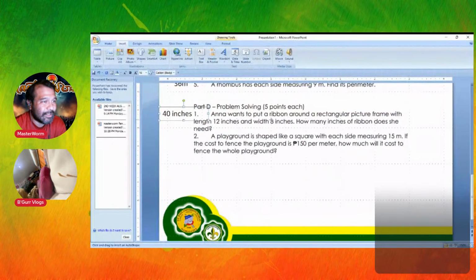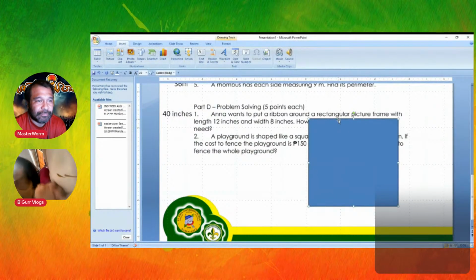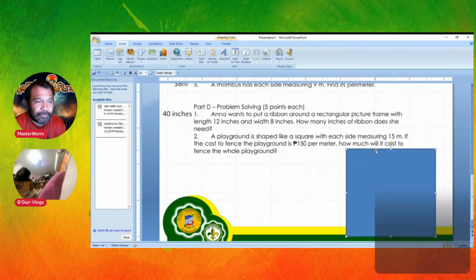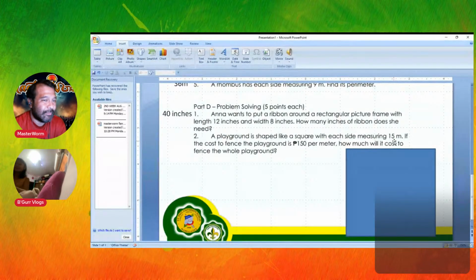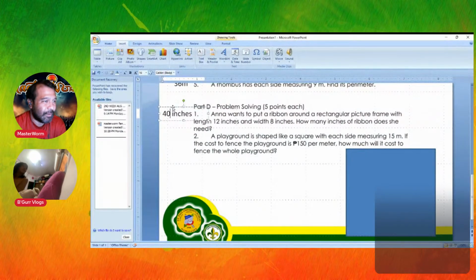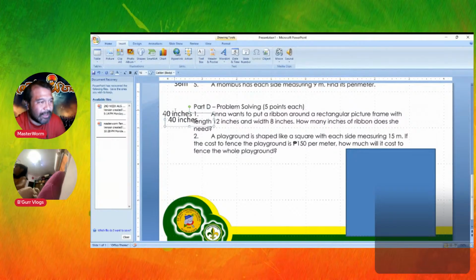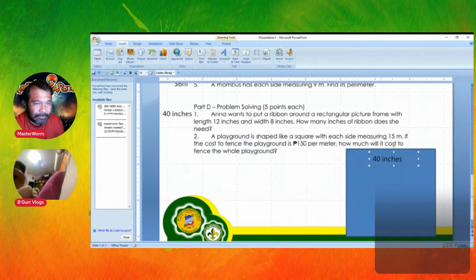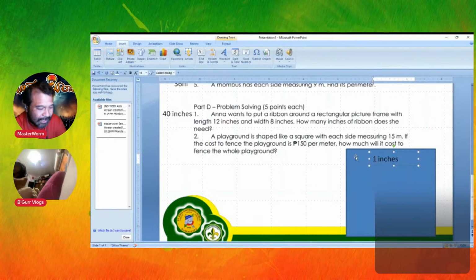So it says here 15 meters each. If you have a square, it means that you have 15, 15, 15, 15. You get it, baby? Yes, Daddy.